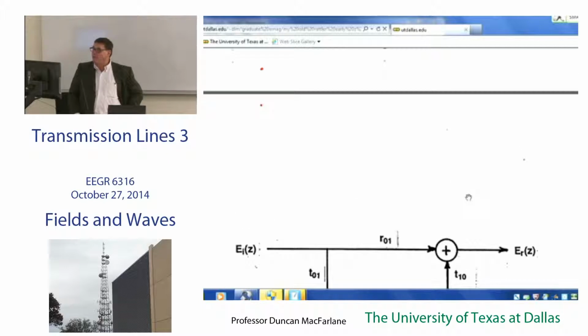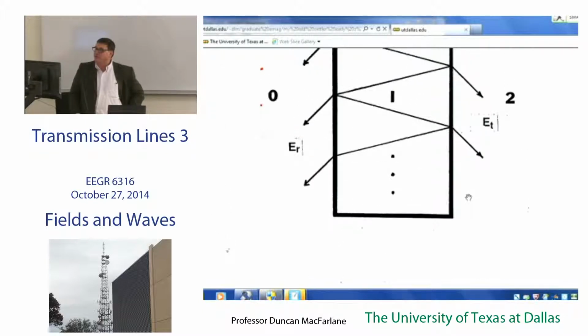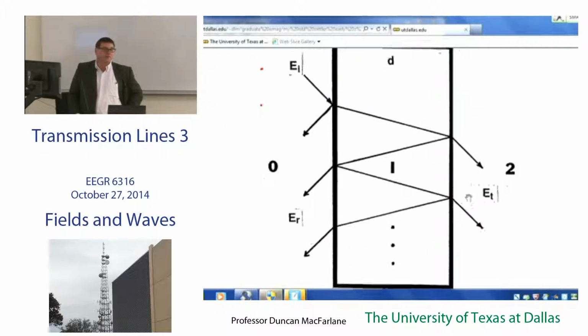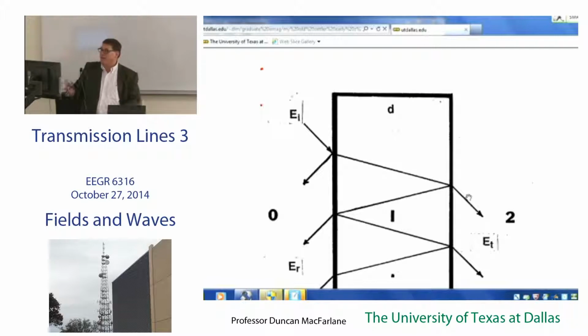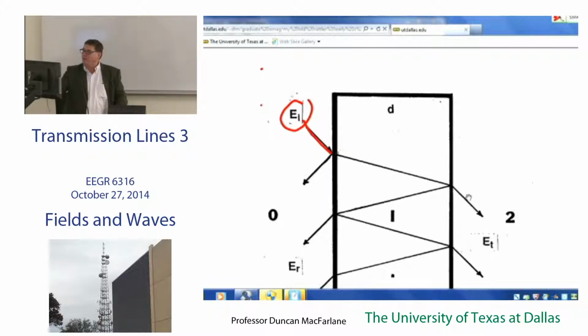So let's see how we might structure this with a signal flow diagram. Okay? We come in with an electric field on the input, and part of the light goes through the glass and comes back out. Part of it gets reflected.